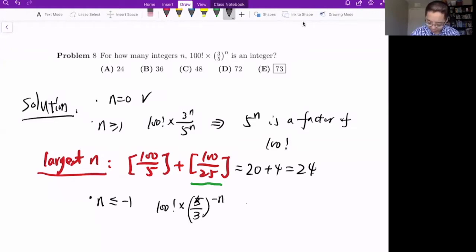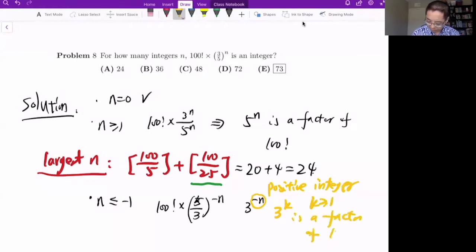So here we are looking for 3 to the negative n. Keep in mind, this is a positive integer. So maybe I just replace this by, say, k, where k is no less than 1, so this is a factor of 100 factorial.